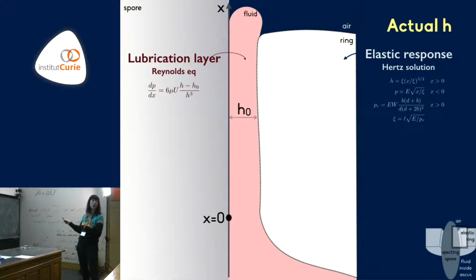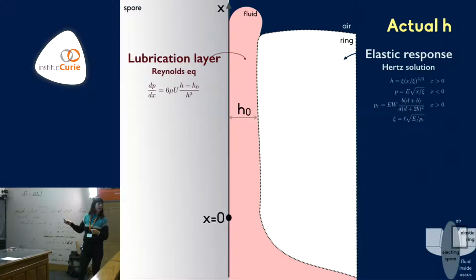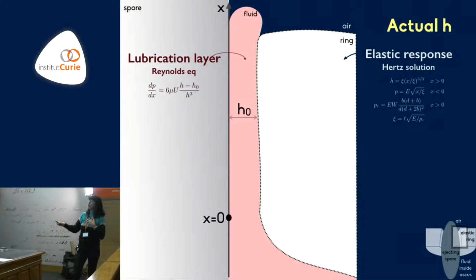I'm going to walk you through the meaning of the symbols. H is the fluid layer thickness, which varies. H0 is the value that I care about because it's the order of magnitude of the gap thickness in the contact. But H varies, right?